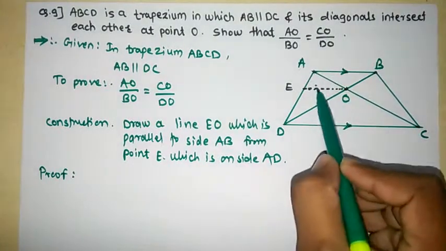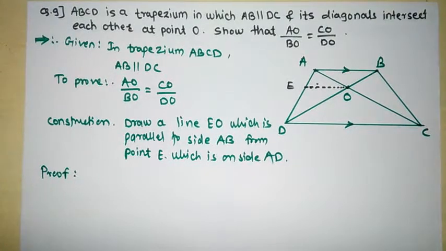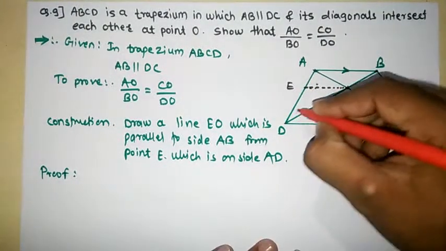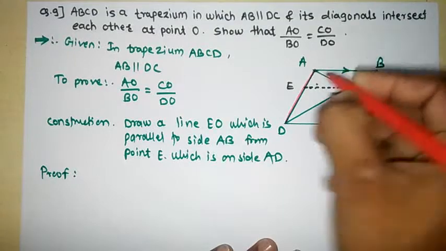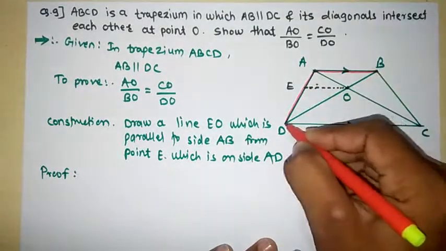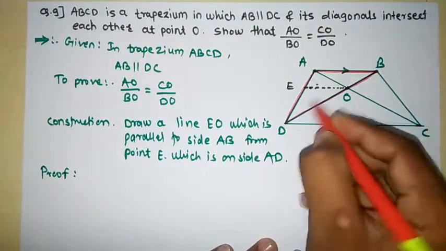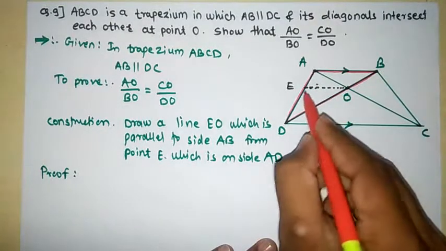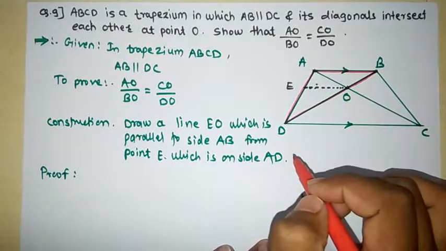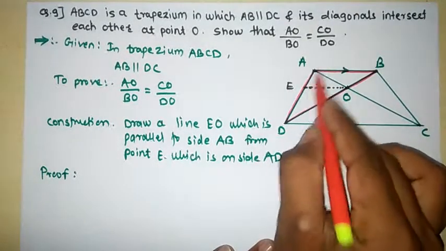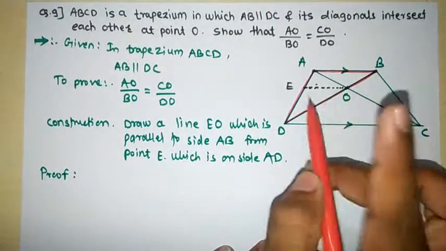See here, if we consider two triangles, I will mark by another. In triangle ABD, EO is parallel to AB होगा, correct है ना? EO is parallel to AB in this triangle.